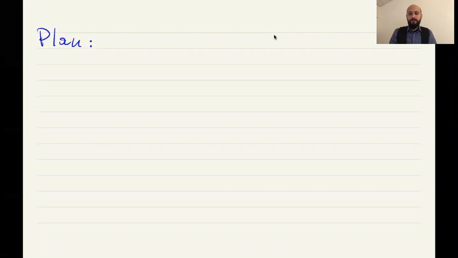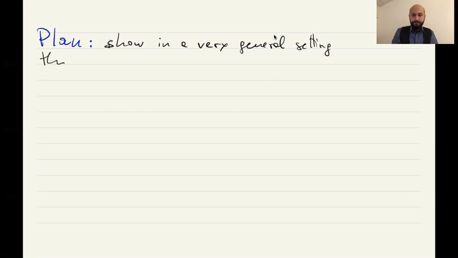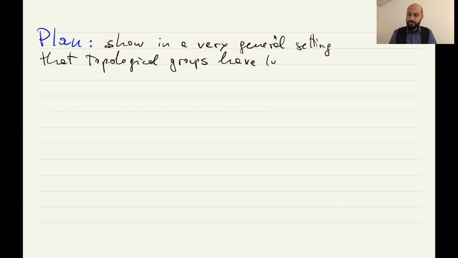The plan of this video is to arrive at a proof of the existence and uniqueness of invariant measures. So the plan is to show, in a very general setting, that topological groups have unique invariant measures.